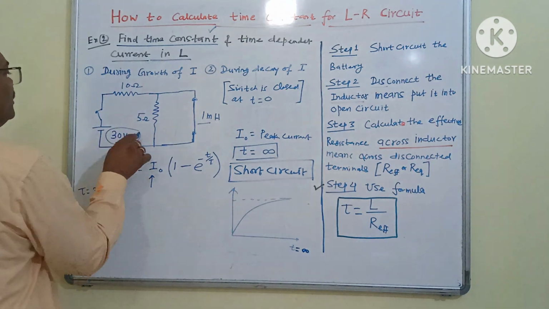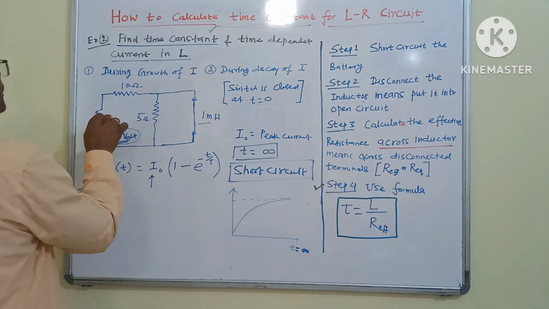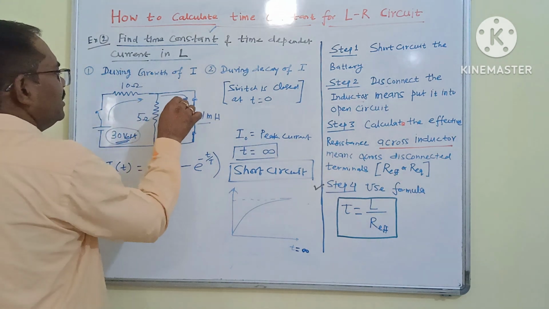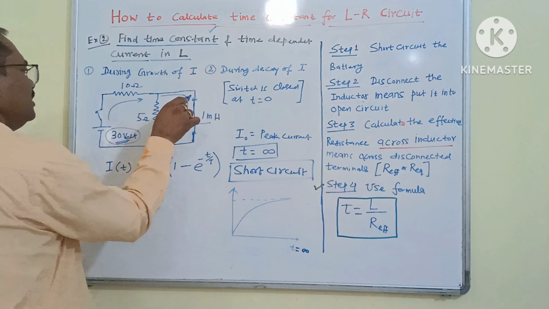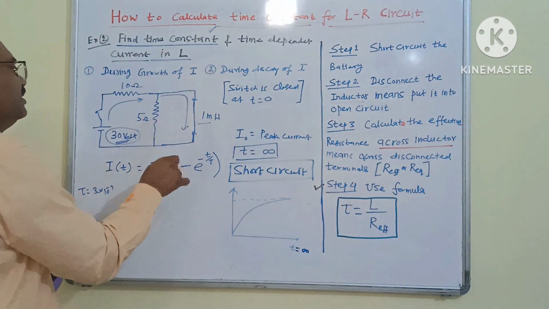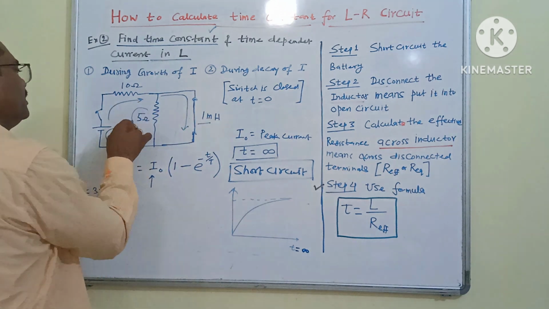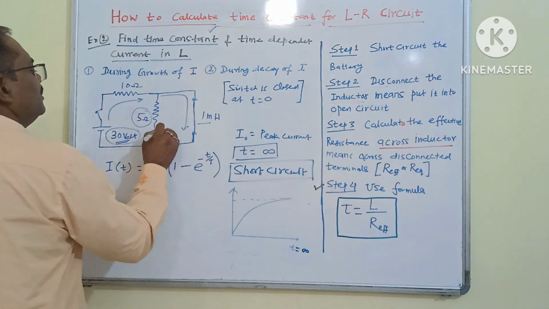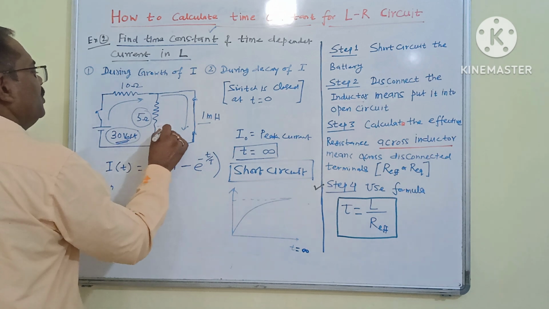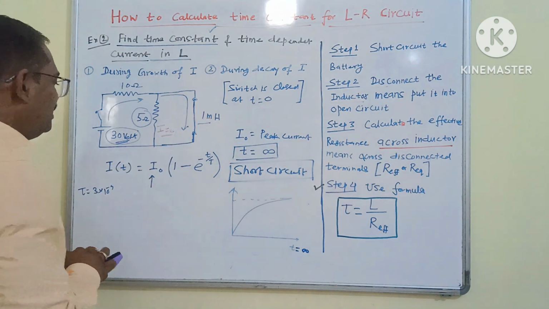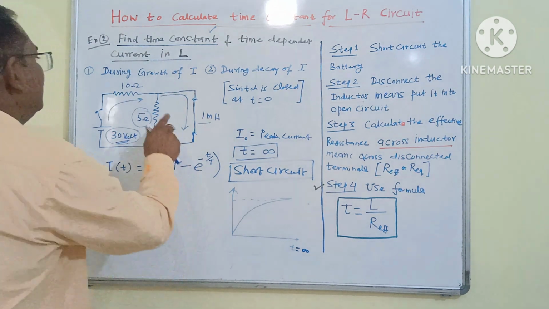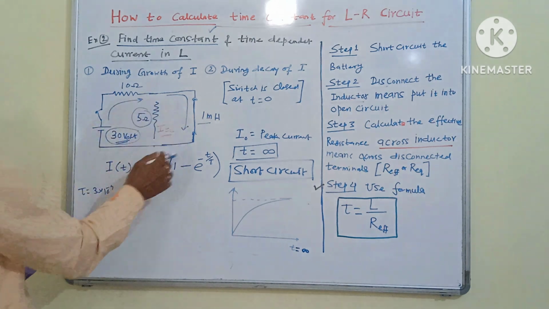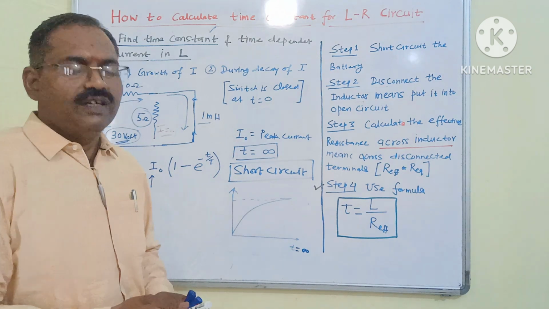If this is 30 volt, now because it is short circuiting, then whole current will pass through this path. No current will pass through 5 ohm resistor. Current will be 0 in 5 ohm resistor. So circuit will be like this. Only 10 ohm resistance will come into play for the peak current.